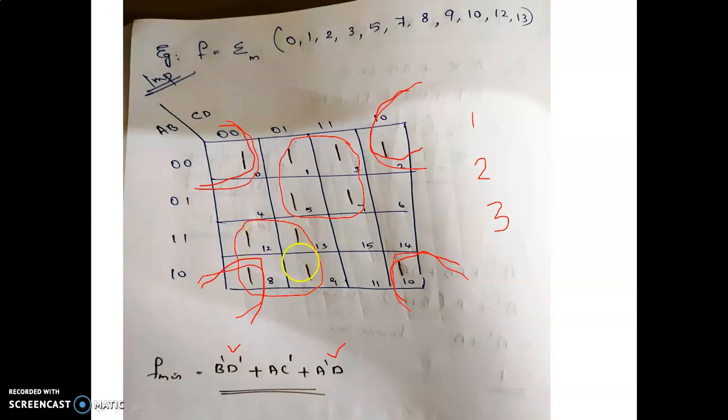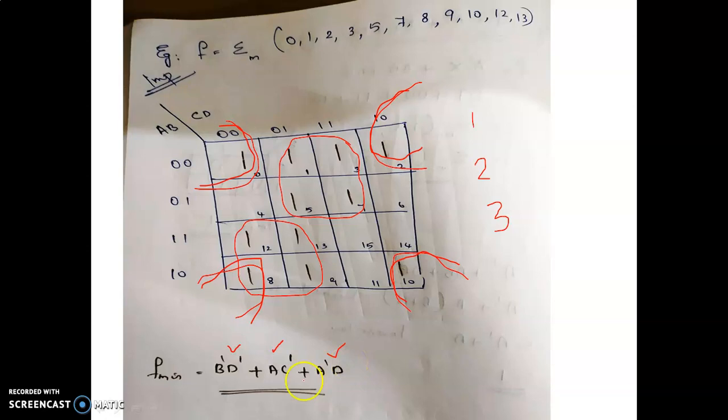These 3 ones can be paired with this one to make it a quad. So this becomes a quad. And what is the representation for that quad? It is A, C bar. So it is A C bar. So this is the minimized expression for this standard canonical SOP. This is a minimized SOP.